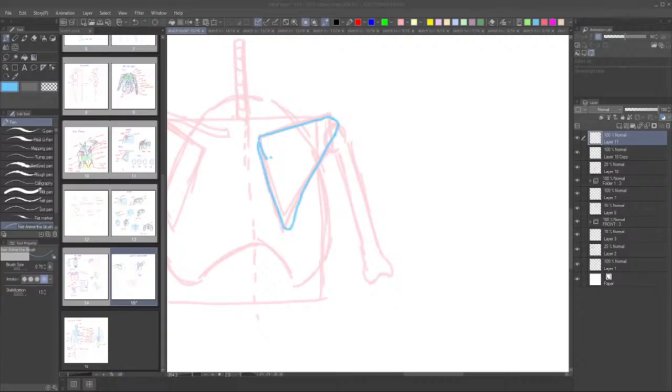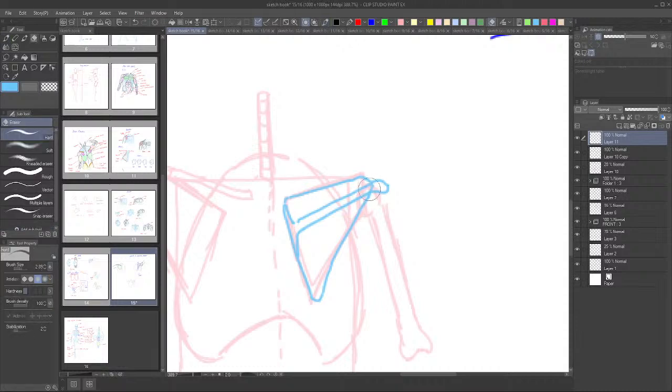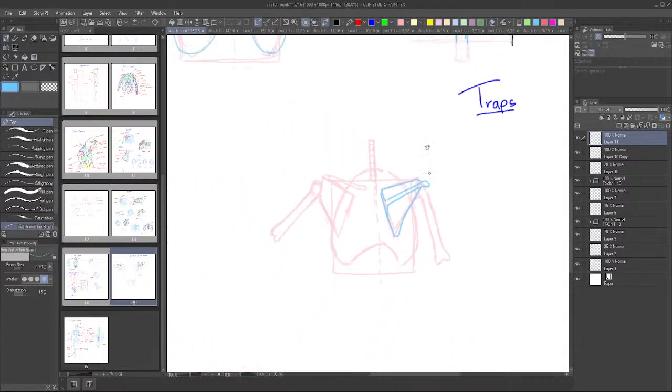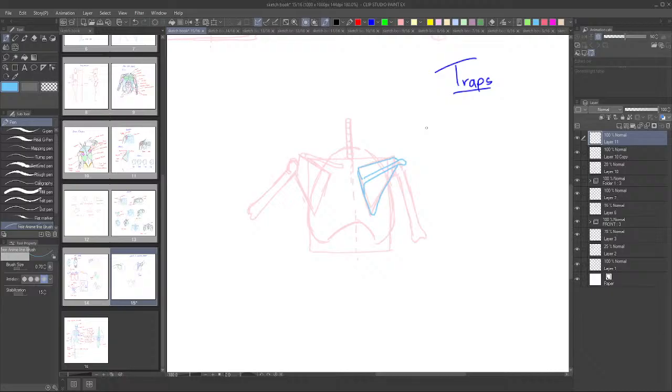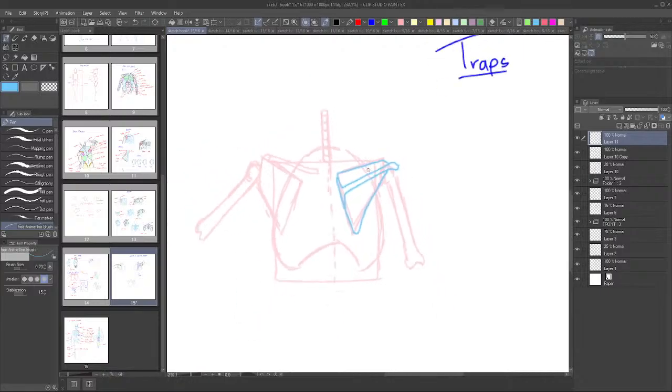So we have the acronym here. It's also a landmark, because it's going to help you plot the deltoid muscles, and also the trapezius. So it's a very important landmark.